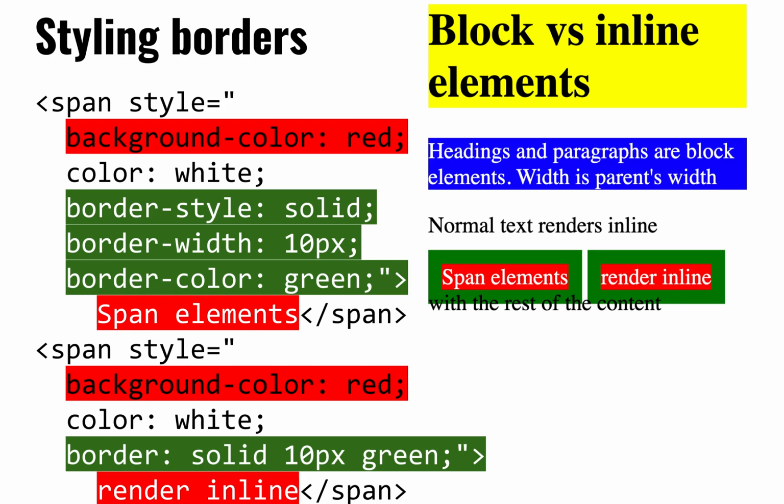But notice that the different syntax that we use is more condensed. Instead of using 3 different properties, border style, border width, border color, we're using just one, border. So border is a property that can take 3 values, and they correspond to the same 3 that we listed up there. See that? You'll see this a lot: properties in CSS have versions that allow you to break out each one of the properties, and you have abbreviated versions that allow you to combine many properties into one single property.